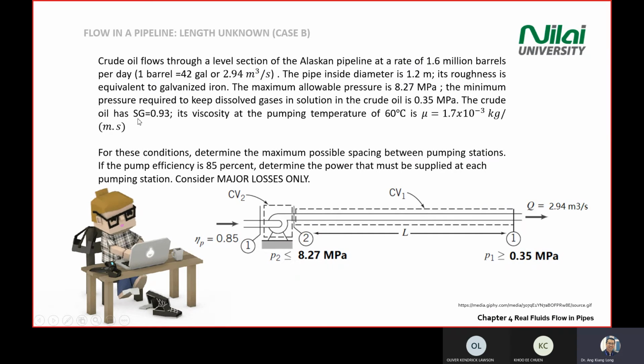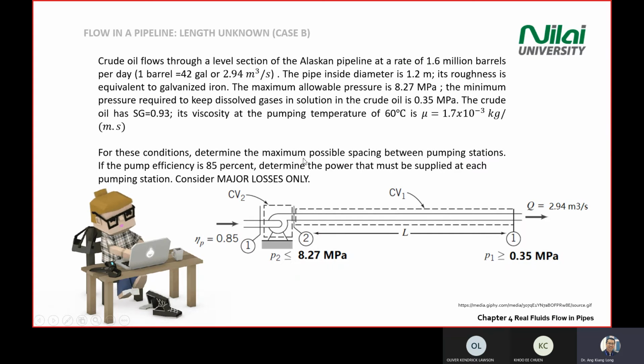The crude oil has a specific gravity of 0.93, so you see specific gravity, you need to convert this with the water density. Viscosity at 60 degrees C is given. For this condition, determine the maximum possible spacing between the pipe sections.